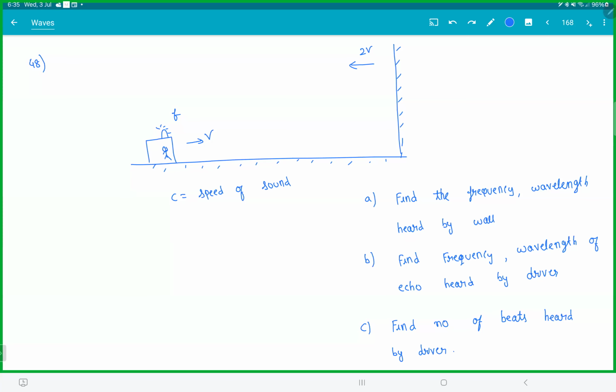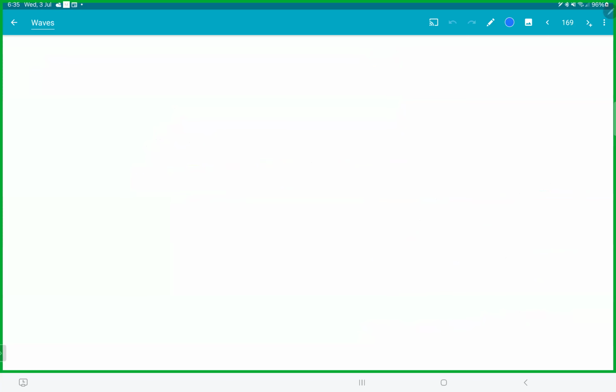Let's see the first part. So this guy, so always important thing, define who is your source and who is the observer. This is V, this is F, and the wall is the observer.